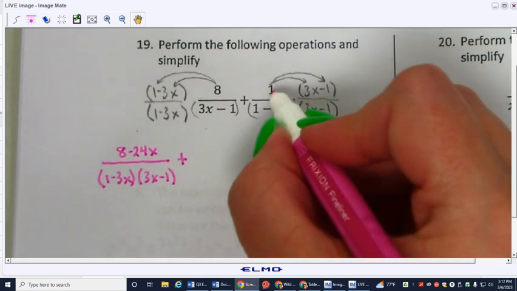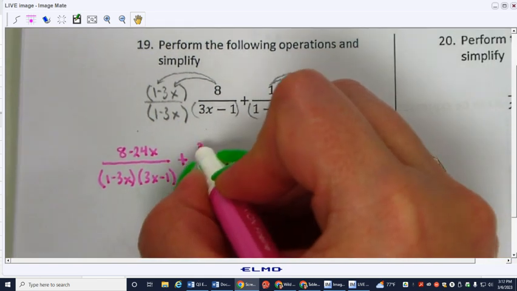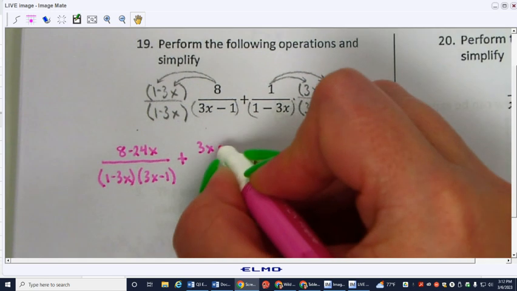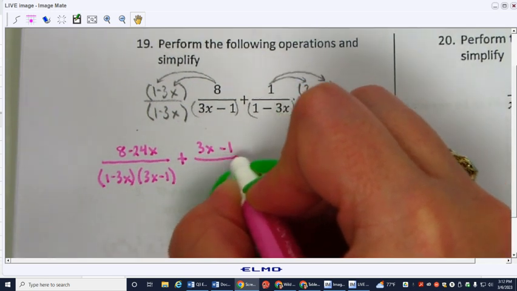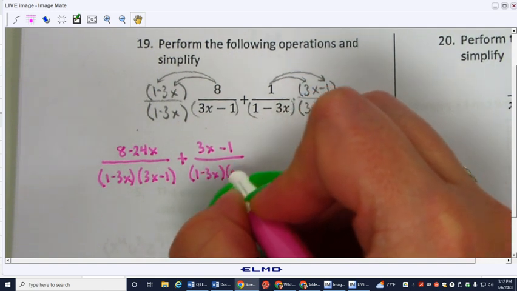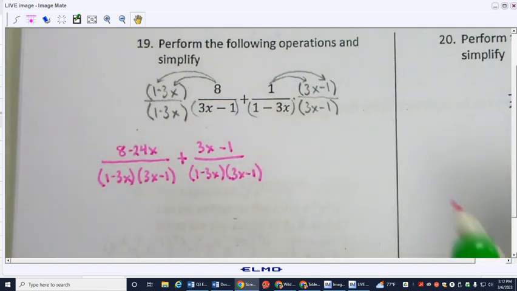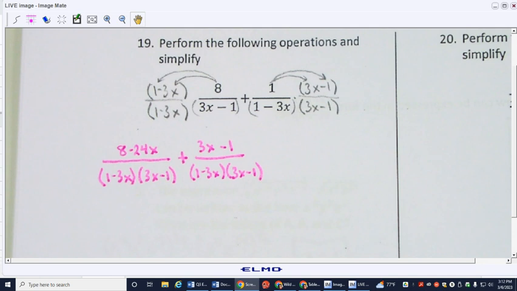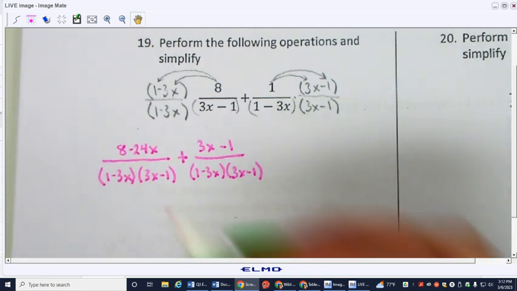Plus 1 times 3x is 3x, 1 times negative 1 is negative 1, over 1 minus 3x times 3x minus 1. So now they have the same denominator. I can add the numerators together.